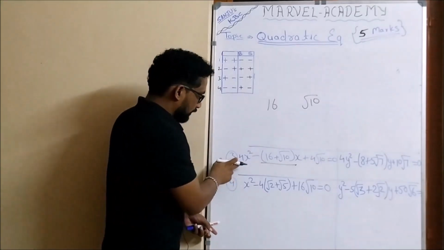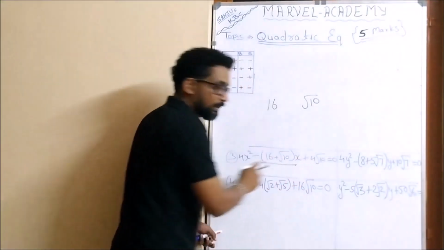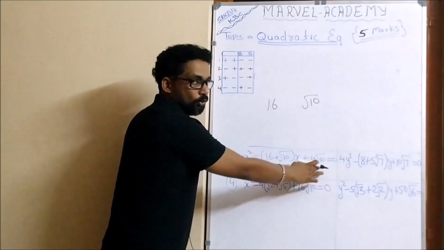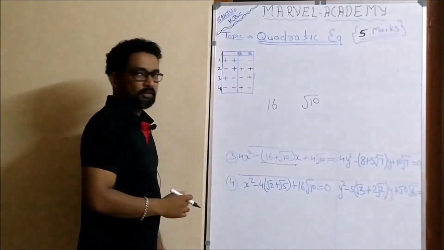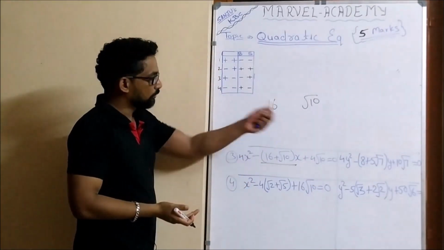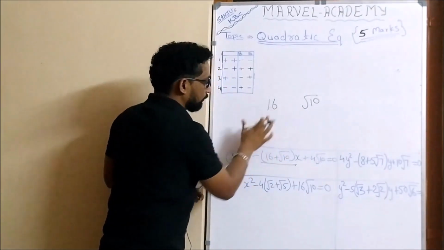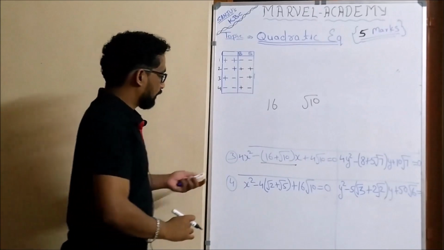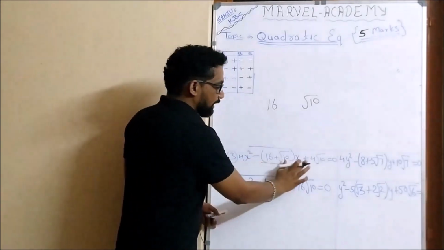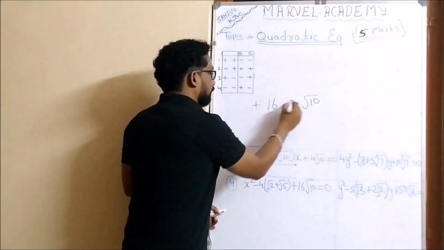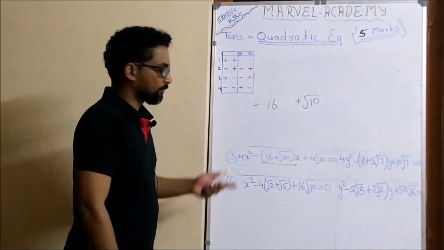Because if we see this, 4 into 4, that is 16 and root 10. So definitely our factors are also the same. So 16 and root 10, 16 and root 10 from the middle term. Okay. Now minus and plus is definitely plus and plus.